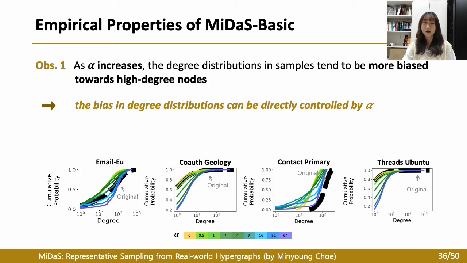In Midas-Basic, we analyze how alpha affects sampled sub-hypergraphs in practice. First, we observe that the degree distributions in samples tend to be more biased towards high-degree nodes as alpha increases. This shows a promising characteristic of alpha, which can be exploited to control the bias in degree distribution.